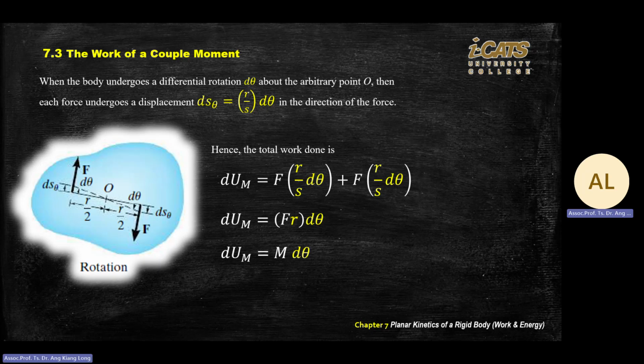In your SPM, you already learned everything in a straight line, so you take F multiplied by S. But in dynamics, you start to think rotational. So when you have rotation, you take moment multiplied by the change of angle, you get work. Force only deals with parallel distance, but moment deals with angle.